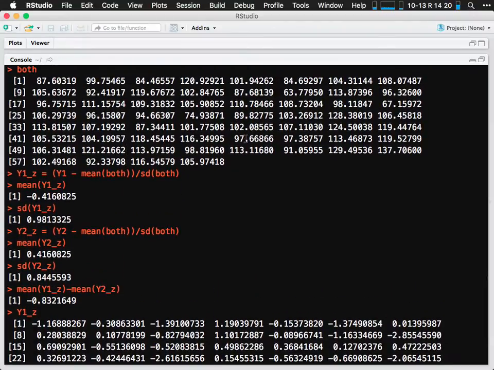A value of 1 means that there's precisely as much difference between the two groups as there is variability or noise in the data overall.